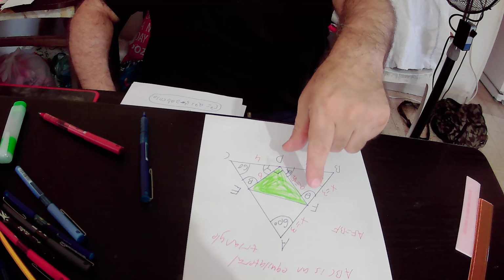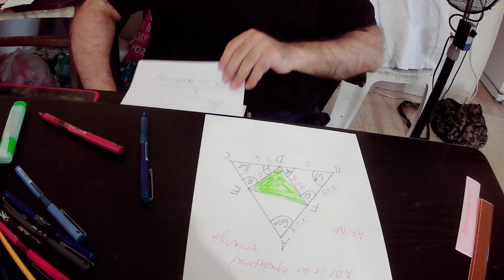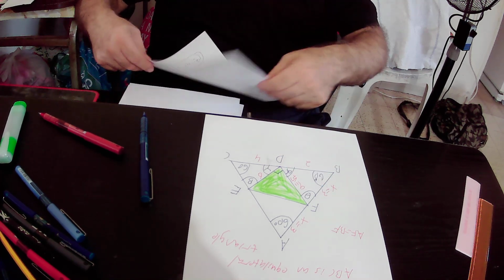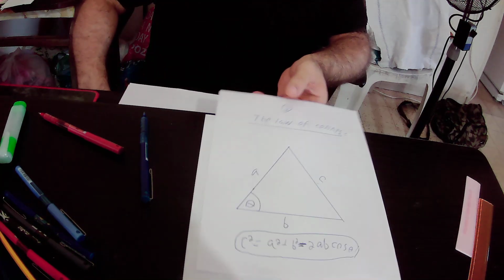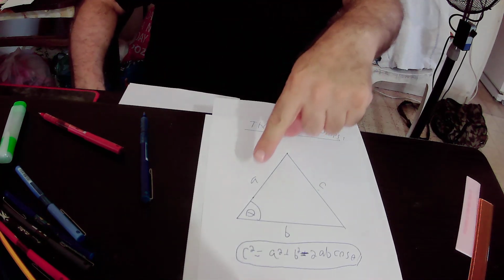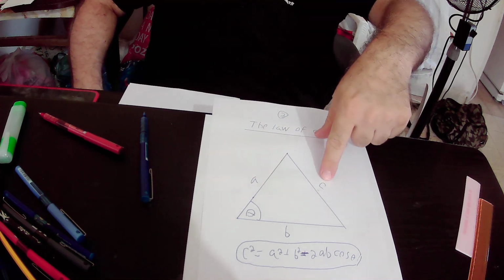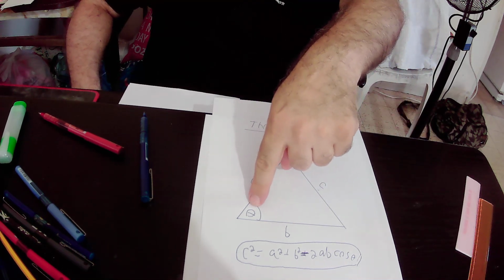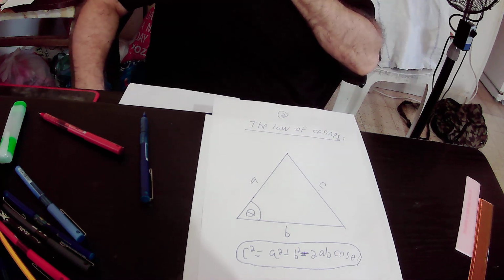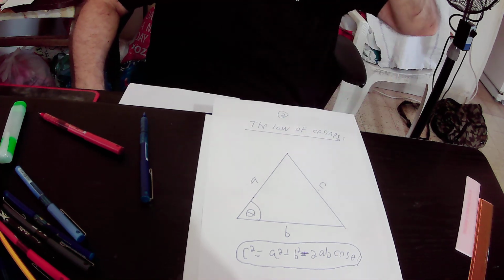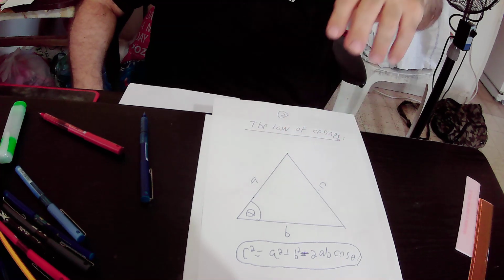the value of FD. According to the law of cosines, in any triangle, if this side equals A, this side equals B, and this side equals C, and this angle is theta, then the following relationship exists between the sides of this triangle.